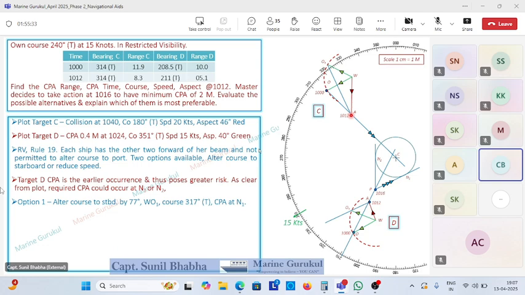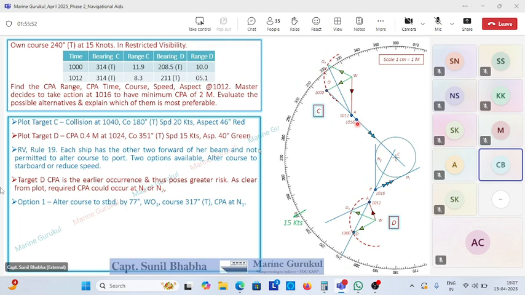Since this is effective at 10:16, let us first predict the position of target Charlie at 1016 hours after 4 minutes. So interpolating this difference, the distance Oscar to Alpha is covered by target Charlie in 12 minutes.